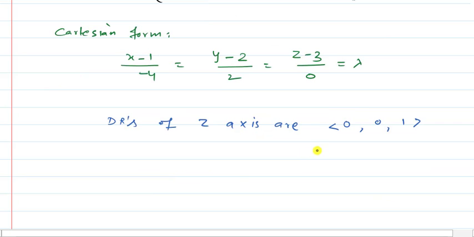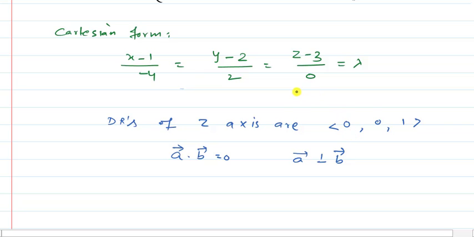Let us use the concept of vectors again over here. In case of vectors you have studied a dot b is equal to 0 means a is perpendicular to b. So here if we calculate the direction ratios of the line, these are minus 4, 2 and 0, and direction ratios of the z-axis are 0, 0 and 1.